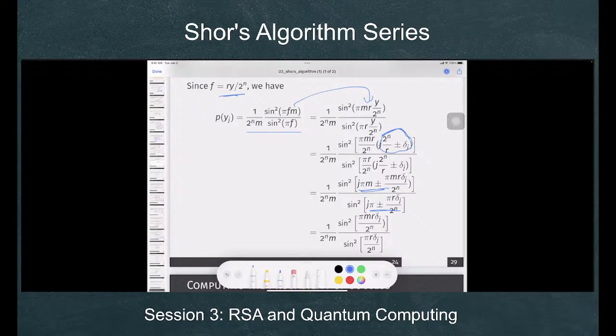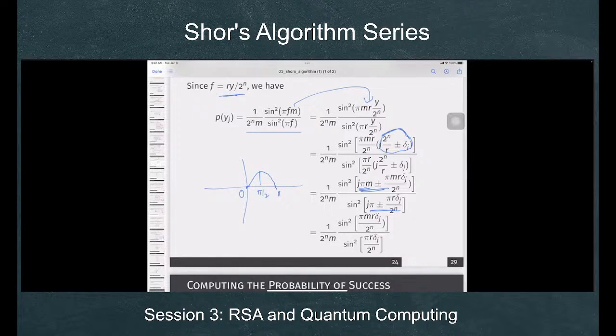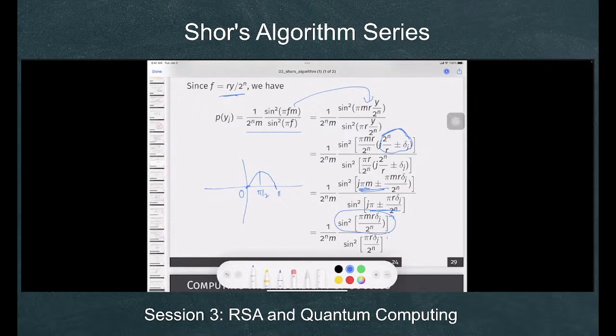The sine of a multiple of pi is zero. Sine is 0 here, pi over 2 here, and pi here. If it's a multiple of pi it is equal to 0, so that's why you are left with this term, and the same goes for the denominator.